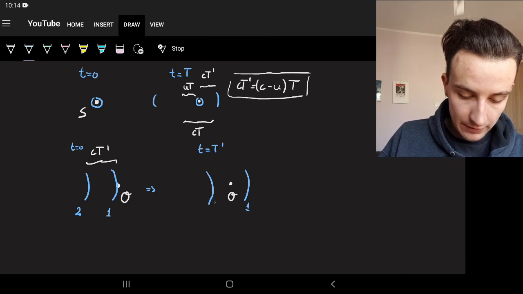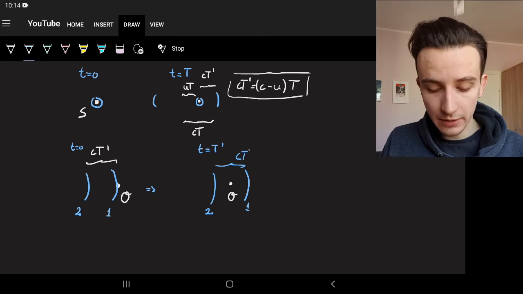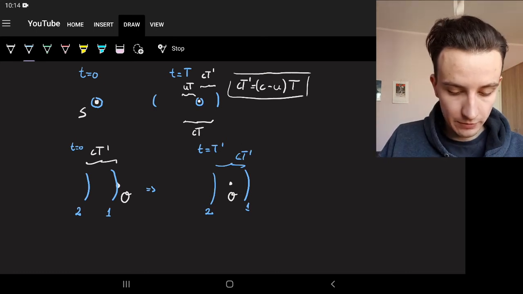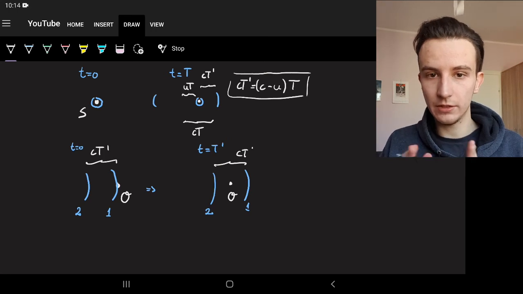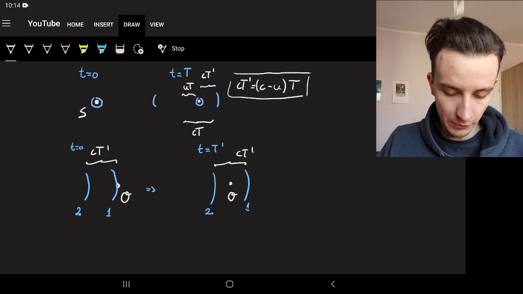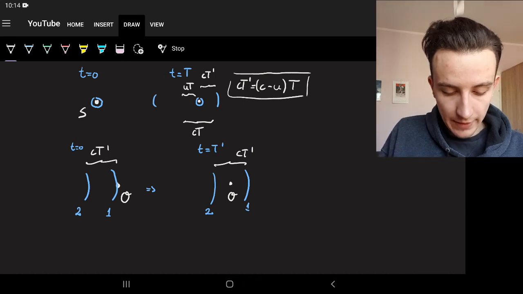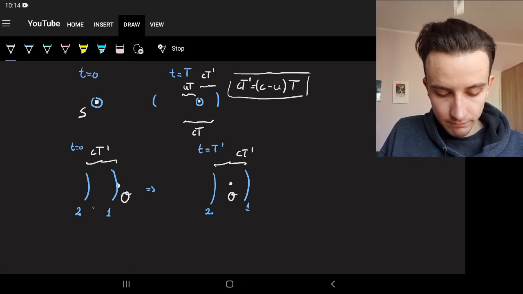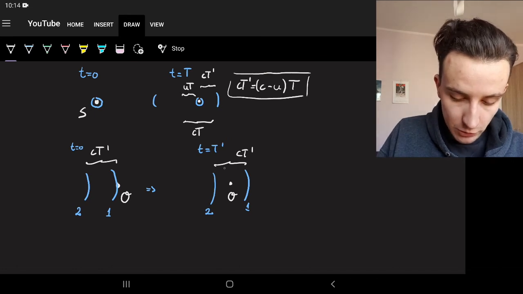So these two guys are still divided by CT prime, right? It's gotta be true. Let me just make the colors consistent. That's always true. They're not gonna dilate in between. But instead, wave 2 reaching the observer, the observer has moved away by VT prime, okay?